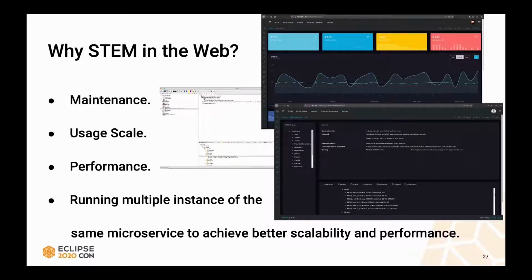This web application is one of multiple components working together to provide the cloud solution of STEM. This will give a better performance and more scalable application. And of course, if we run multiple instances of each component, this will give us more scalability and better performance.